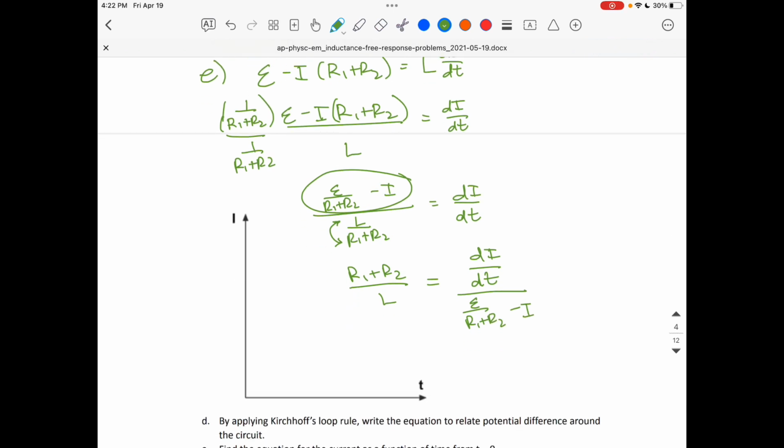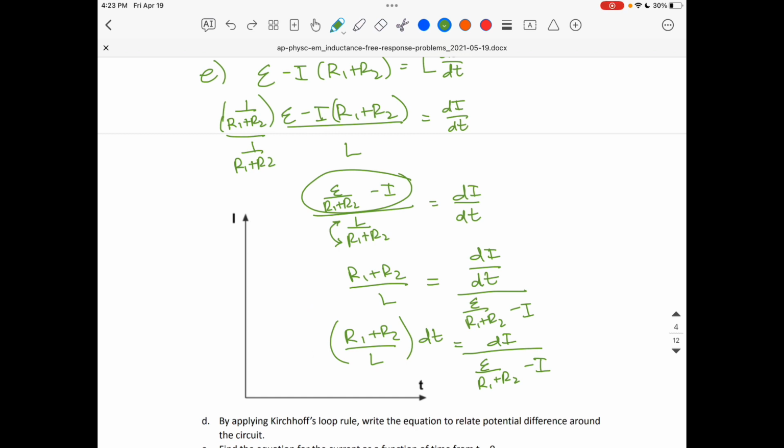And then from there, we can multiply by dt. So the left side is a constant that I can integrate. The right side is going to be this crazy integration here. So I can integrate this.